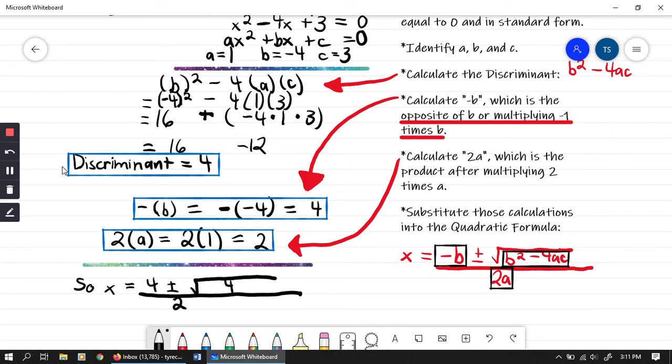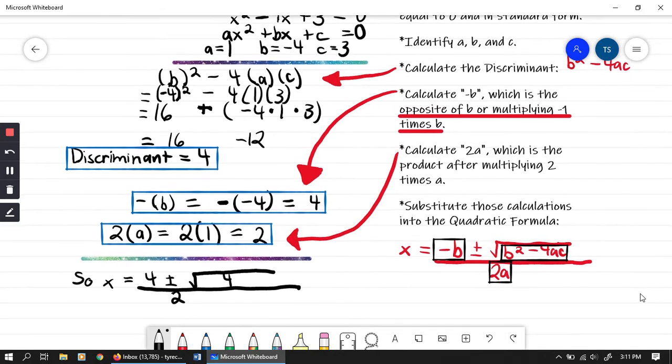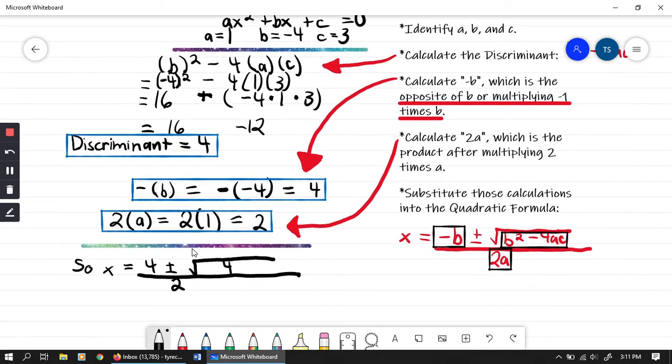So after we have substituted those parts into the quadratic formula, what we need to do next is simplify if possible. So what does that mean? First off, if your radicand or discriminant was a perfect square, then you need to simplify the square root of that perfect square.